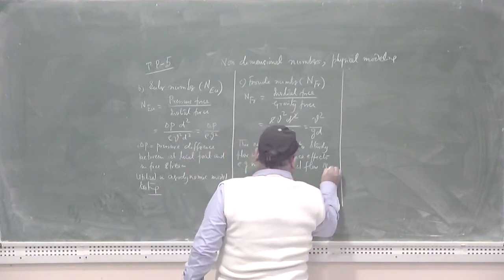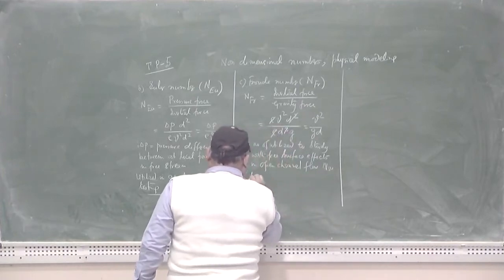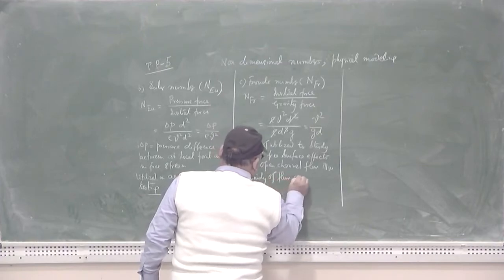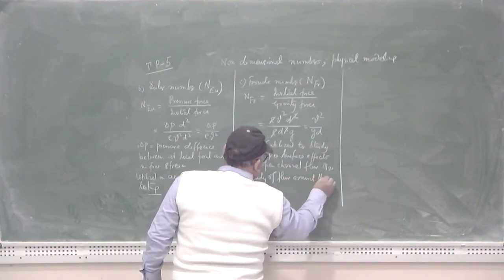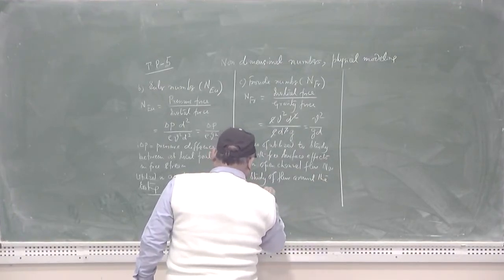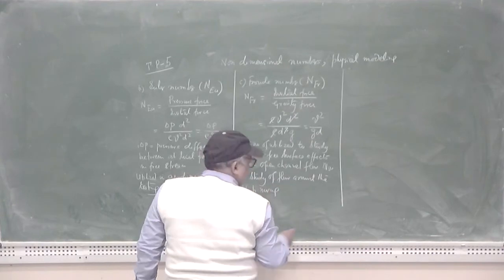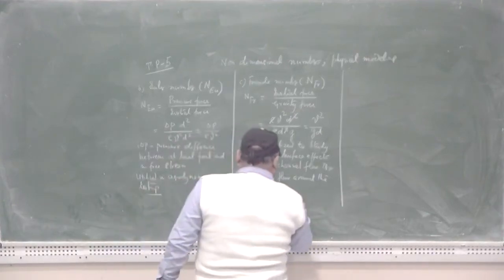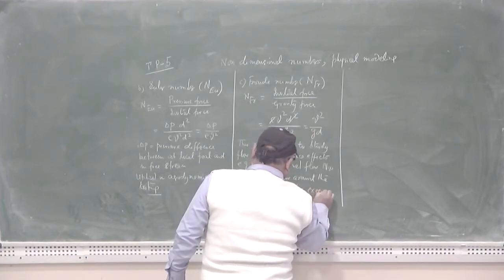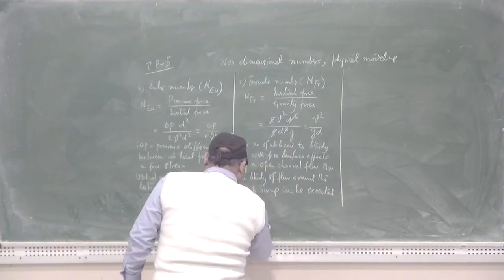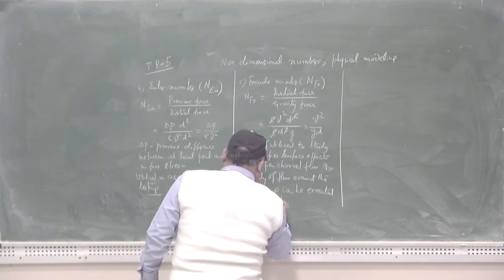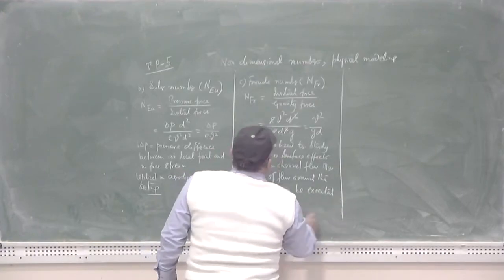Also, the study of flow around a ship, a ship moving in the sea, can be executed by this number. So, this is all about your Froude number.